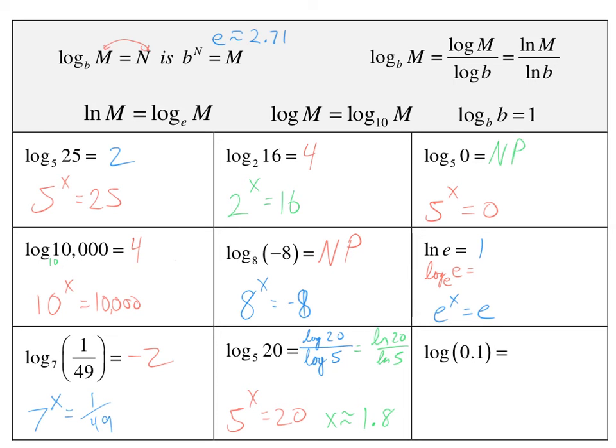These are ways to rewrite logs when you can't find the value easily, unlike these, which are easy to do by looking at them. Depending on what a multiple choice answer looks like, this is about a decimal. And how would I get this? If you use a smartphone or a not-so-fancy calculator, you would just take this log, divide by this log, and you'd get that number. Or ln 20 over ln 5 gives you about that number.